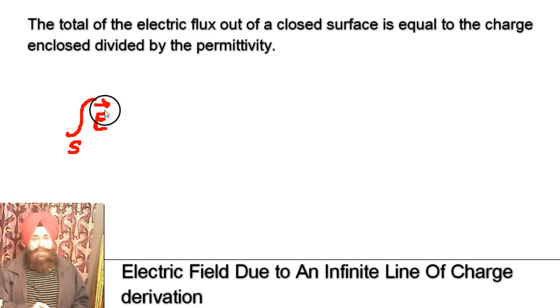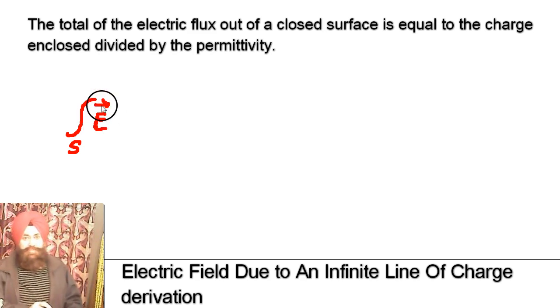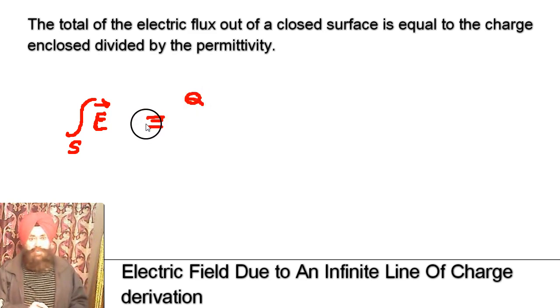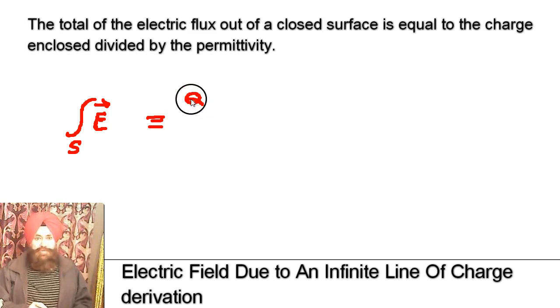E vector is electrostatic field produced by any source. Any source means the source is a charge Q. Okay, because of this Q charge there is an electric field.